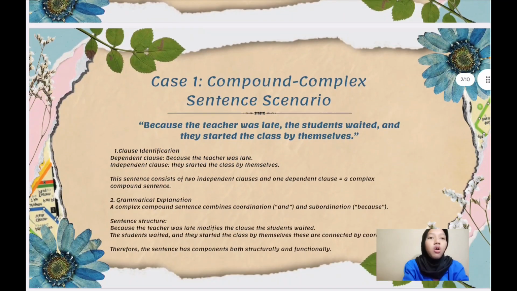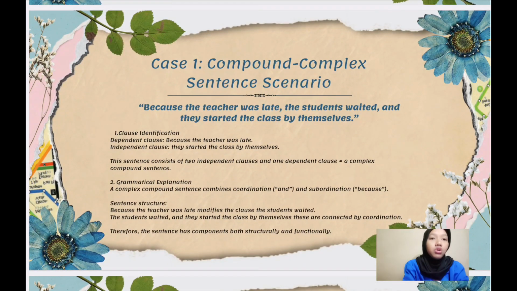Case 1. Compound complex sentence scenario. Let's begin with case 1. The compound complex sentence. The example sentence is: because the teacher was late, the students waited and they started the class by themselves.